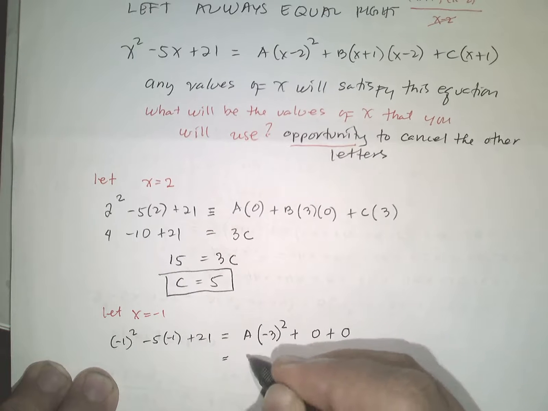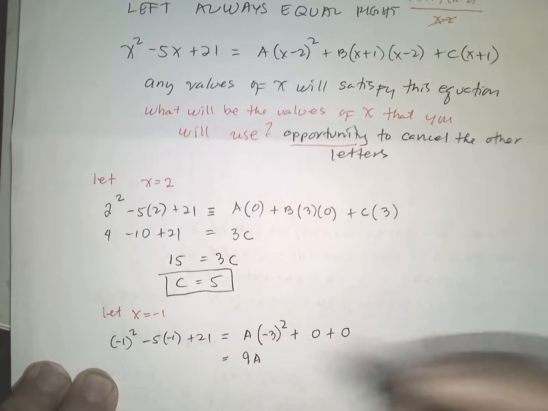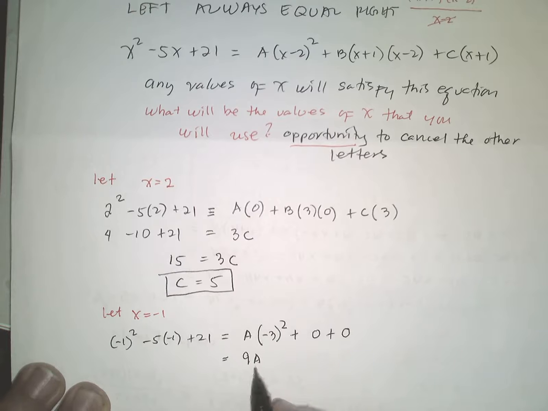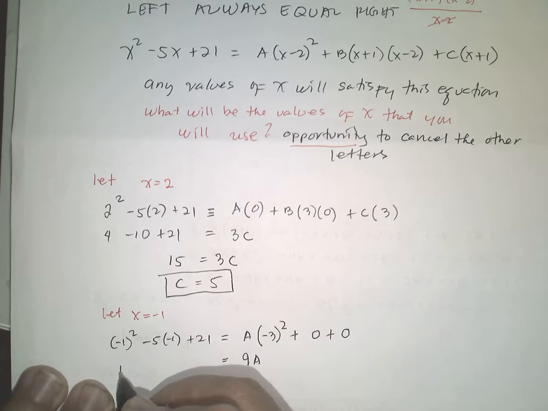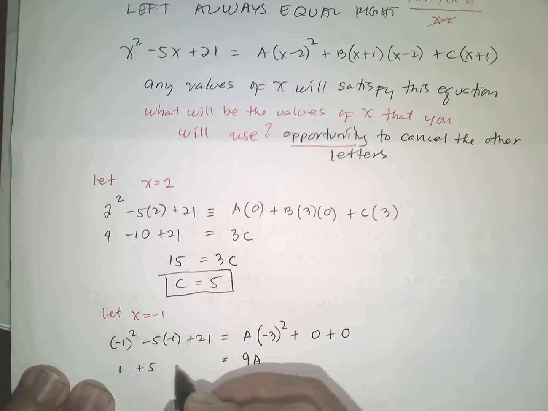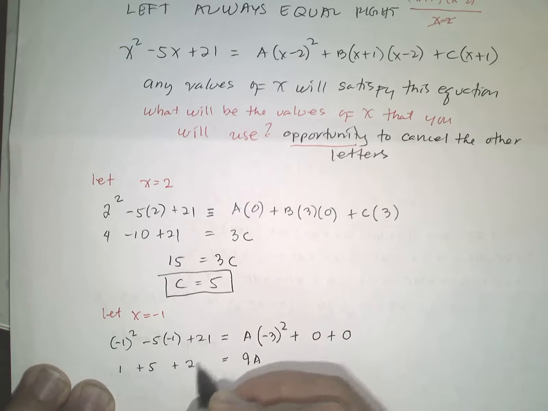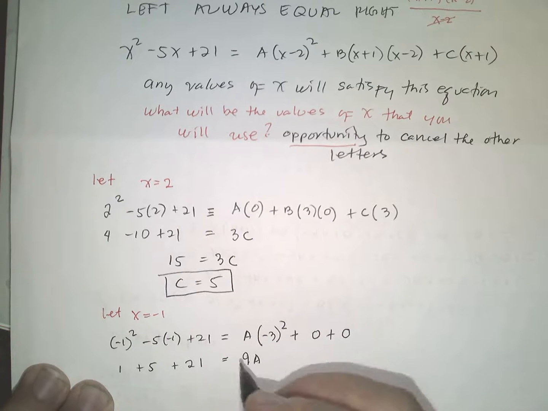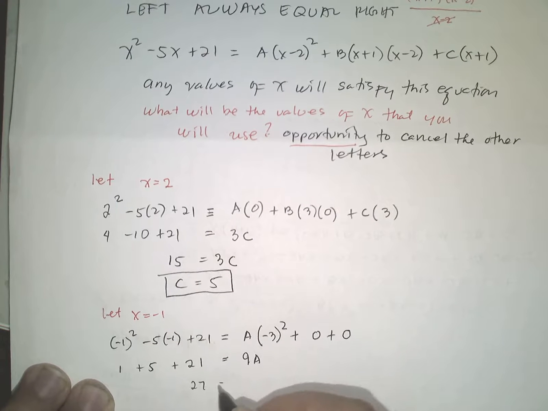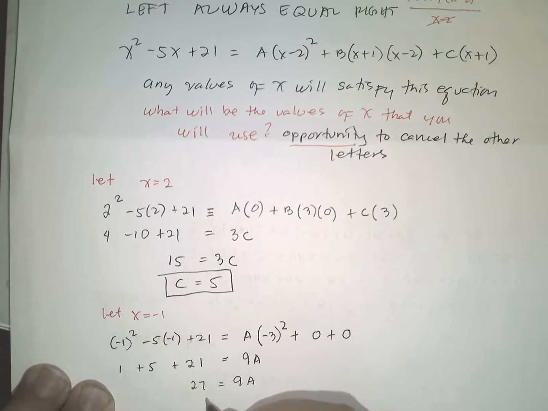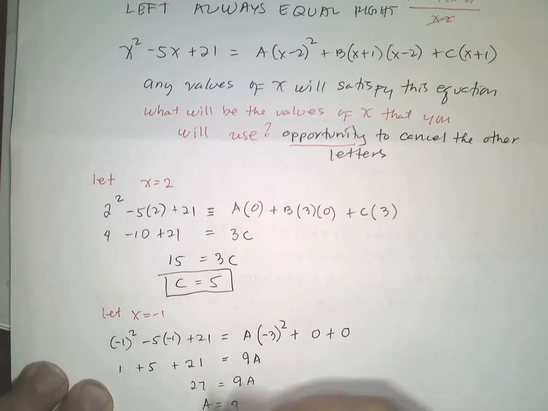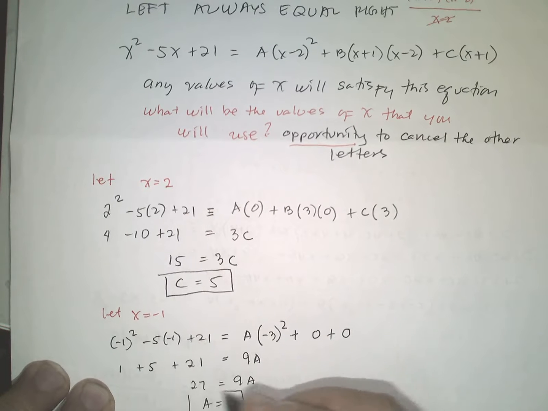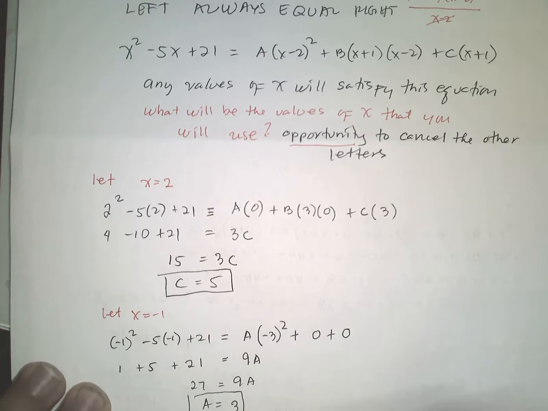So as you can see, now we are only left with one variable a, which is now 9a there. So this is going to be 1 plus 5 plus 21, which gives you 27, which gives you 9a. So therefore a is equal to 3. So that is now your a, 3.